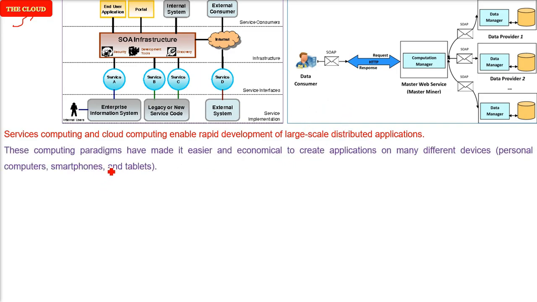These both computing paradigms have made creating applications quite easier and economical. You are working or you're making it for different devices, may it be your personal computer or a smartphone or a tablet.